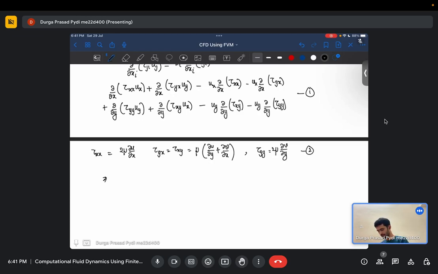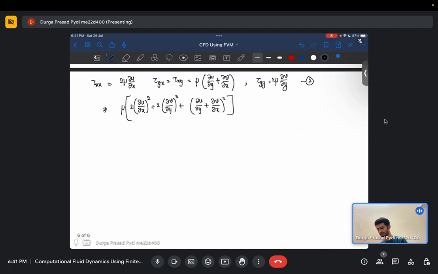what you will get is something like mu times del u del x square plus 2 times del v del y square plus del u del y plus del v del x whole square. This is for just a 2D flow.